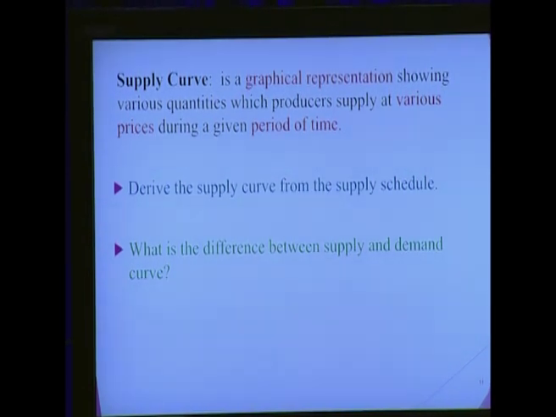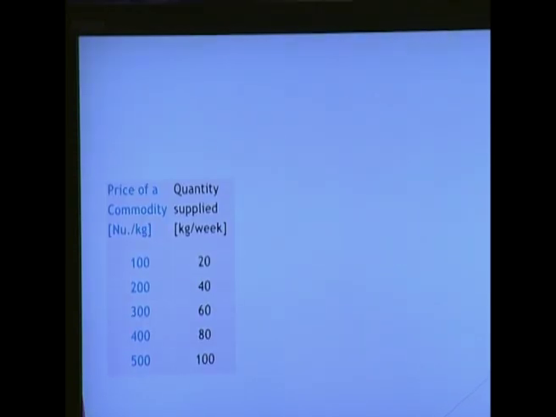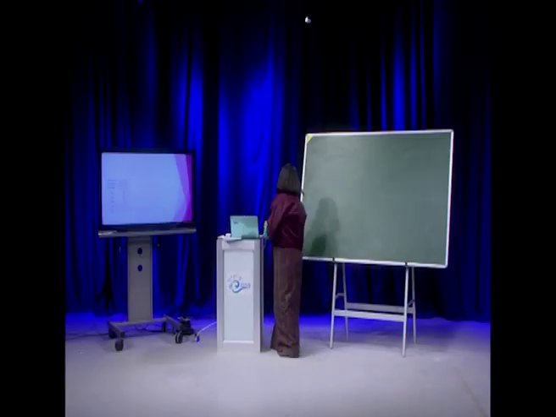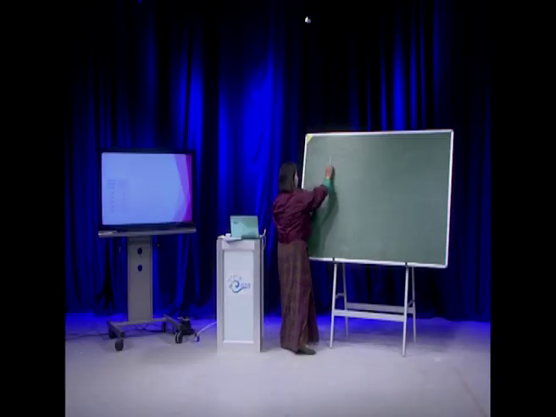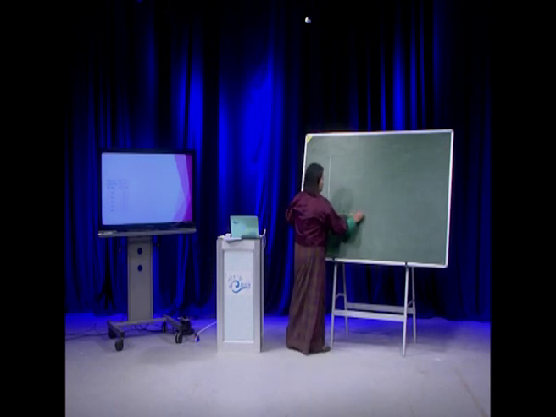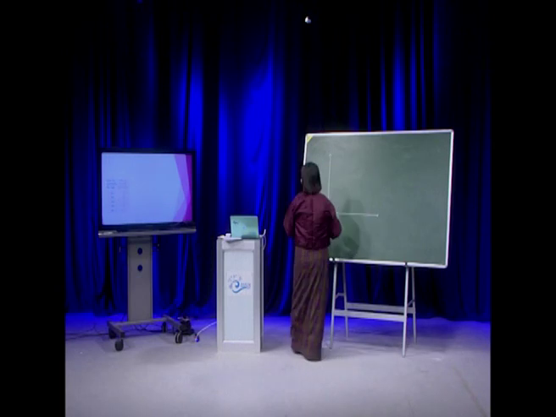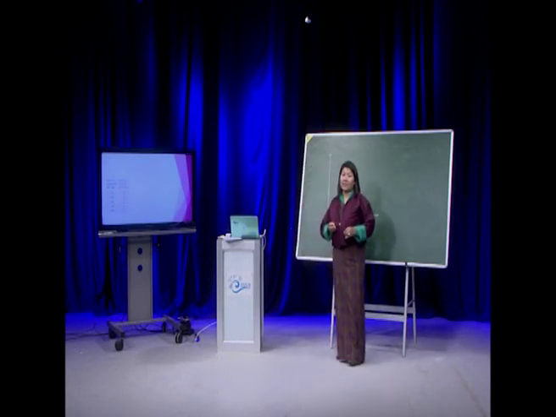So we're going to be using the supply schedule we had earlier. A supply curve can only be drawn with the help of a supply schedule. Please bear that in mind.